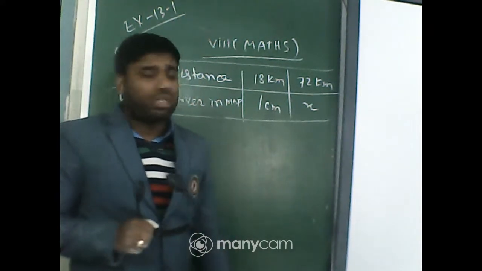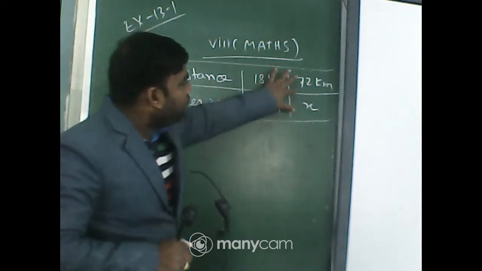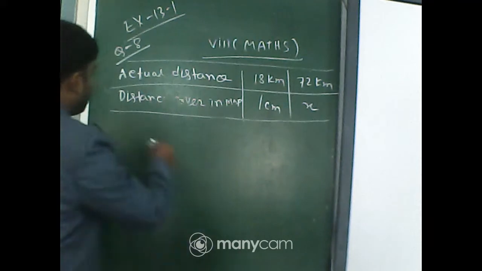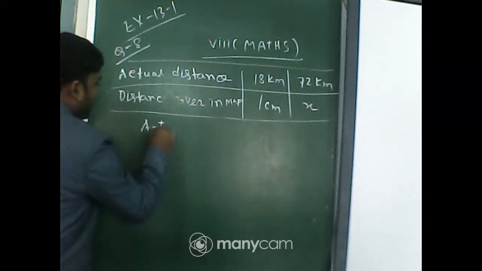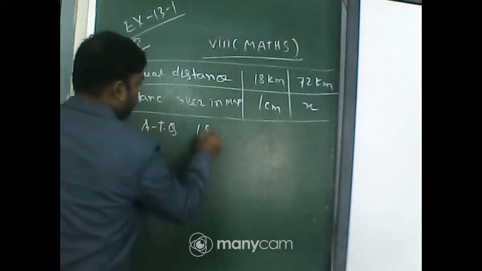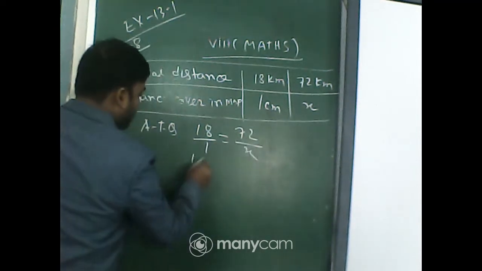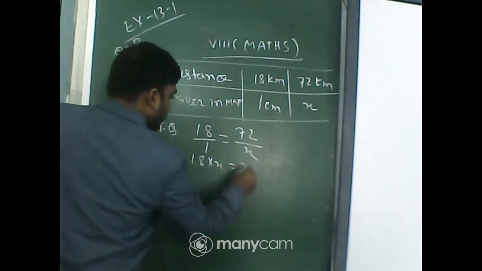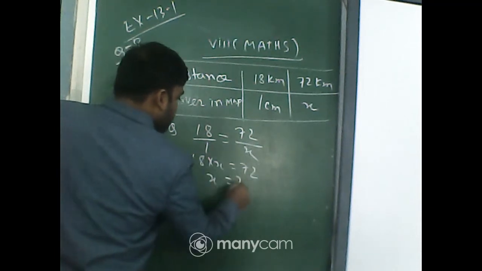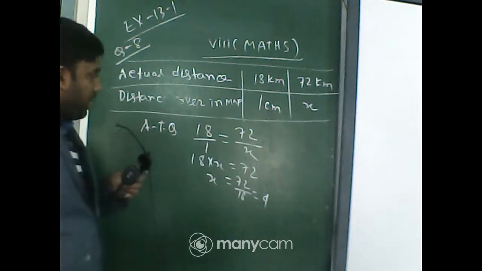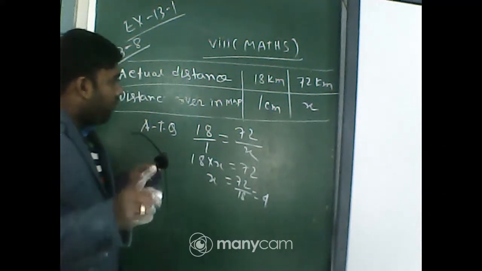So direct proportion means 18 by 1 equals 72 by x; the ratios should be equal. So 18 into x equals 72, so x equals 72 by 18, which equals 4. 4 is the answer.